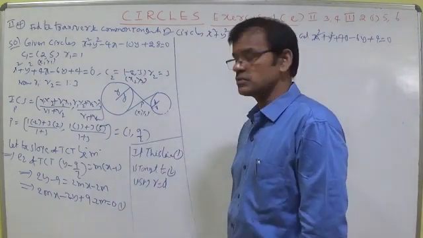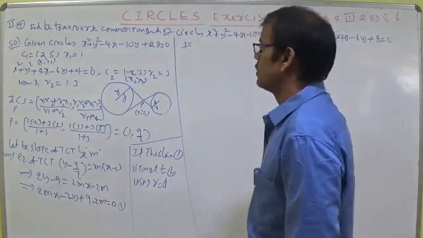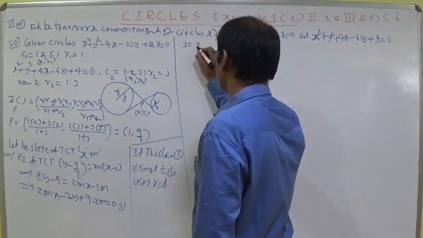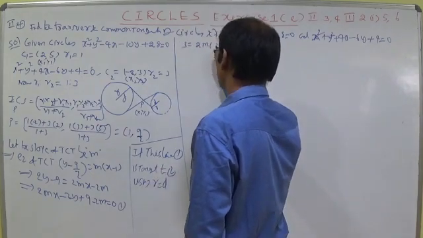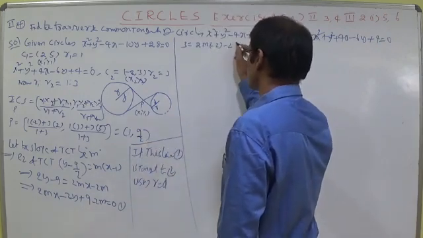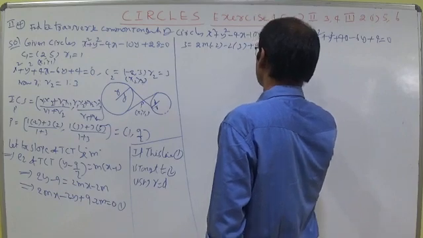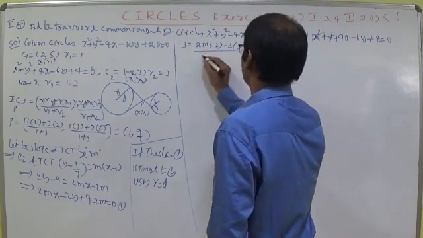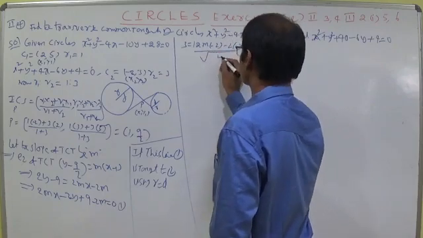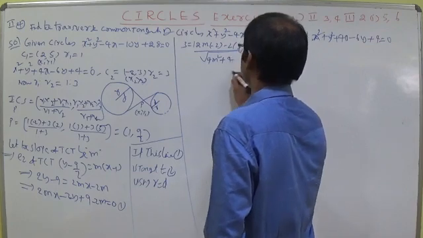d is the perpendicular distance from the center to the line. So 3 is equal to, center of the second circle (-2, 3), so 2m into minus 2 minus 2 into 3 plus 9 minus 2m, whole modulus, by root of 4m square plus 4.